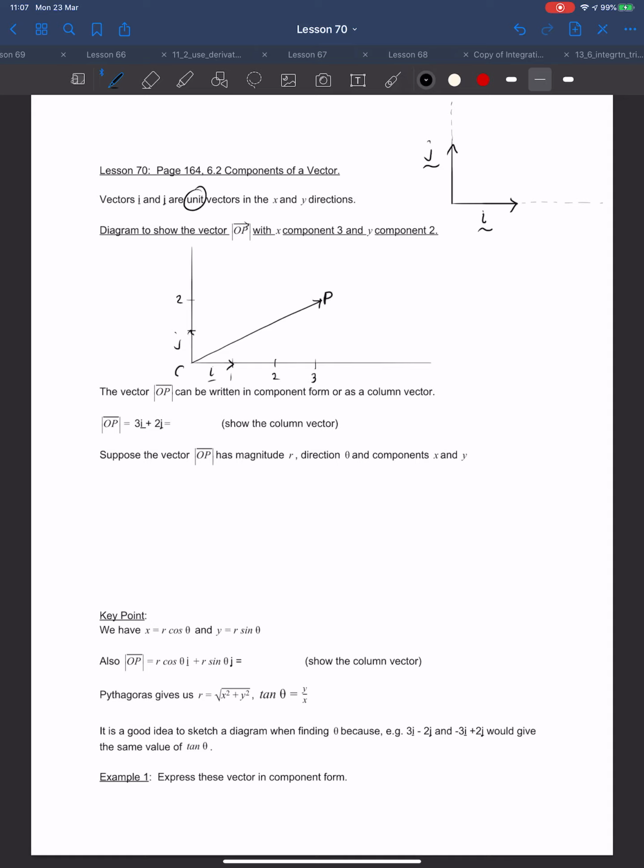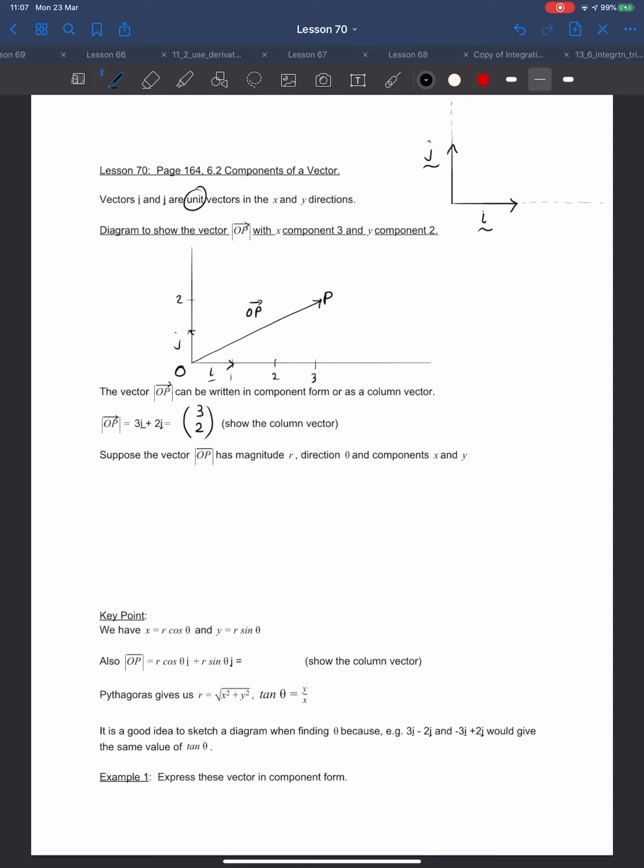And that's P, and that's O, and that's OP. So the vector OP can be written in component form or as a column vector. So O to P, you can either say it's 3i plus 2j, or you can say it's the column vector 3, 2.